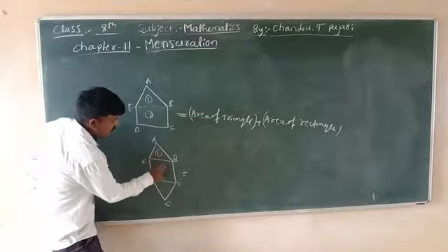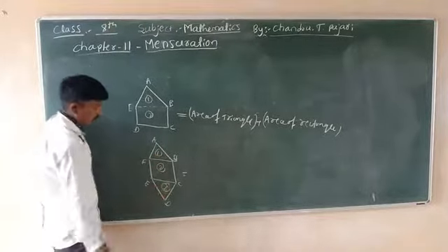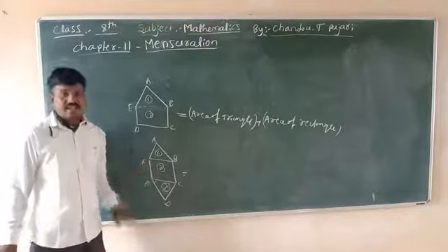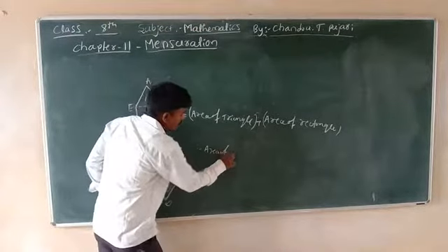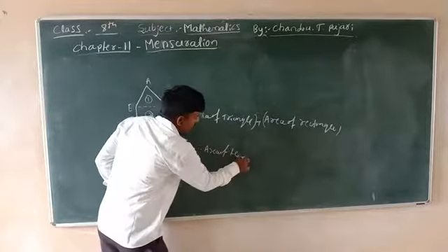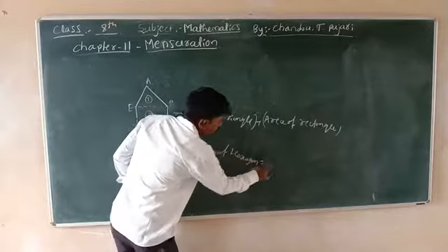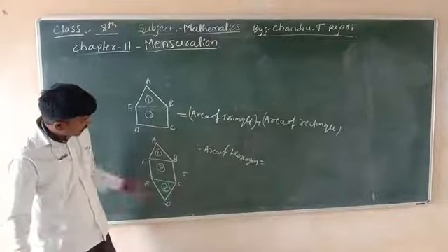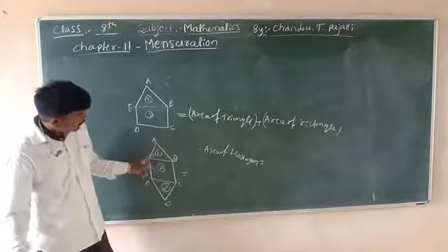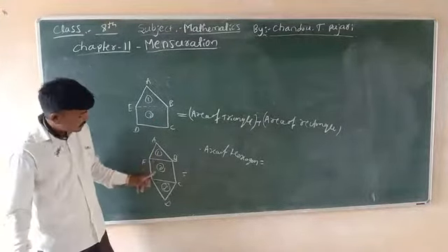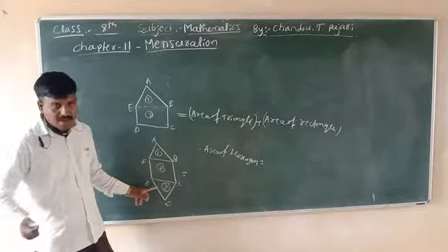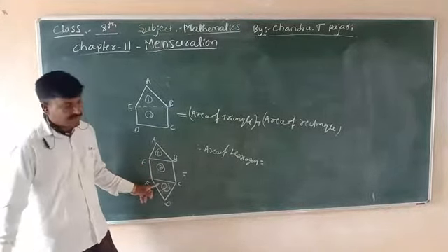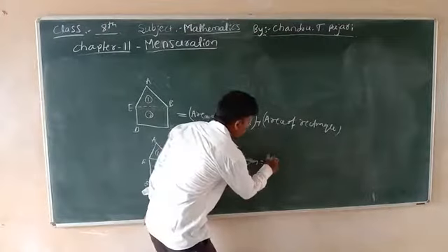One part, second part, third part. In the given figure, three parts are here. The first part is a triangle, the second part is a square or otherwise a rectangle, depending upon our diagram, and the third one is a triangle.